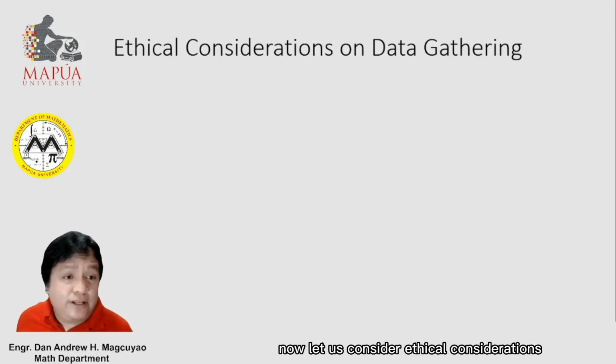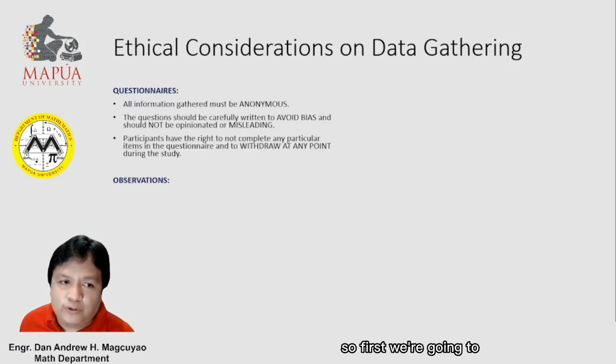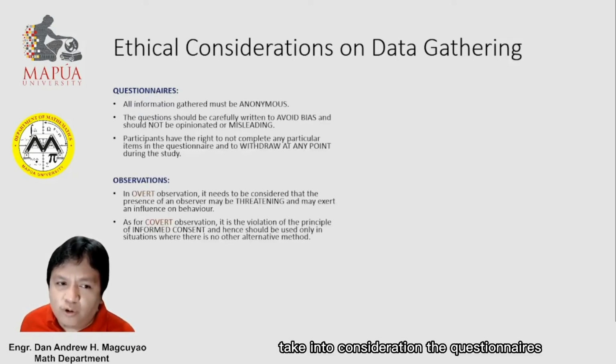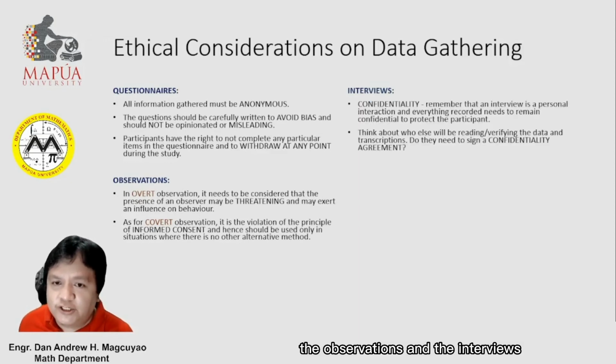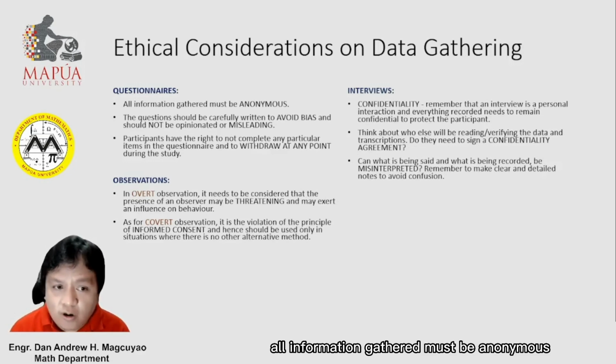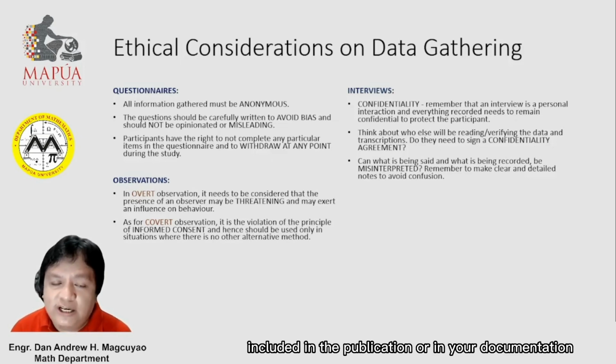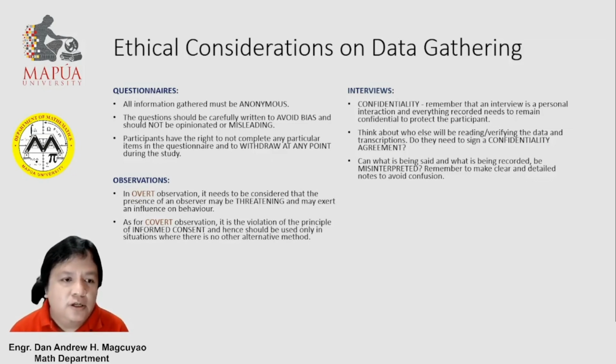Now let us consider ethical considerations and data gathering. So first, we're going to take into consideration the questionnaires, the observations, and the interviews. For questionnaires, all information gathered must be anonymous. Your filled out questionnaire should not be included in the publication or in your documentation.